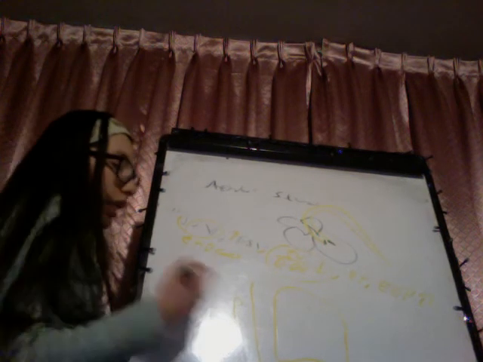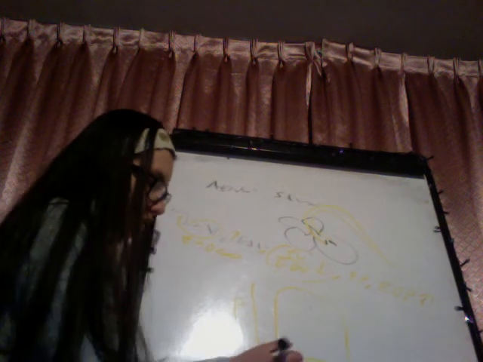So in end systolic pressure and end systolic volume, instead of being here, this is the end systolic volume. At the end of systole, we would be here because the end systolic volume increases.